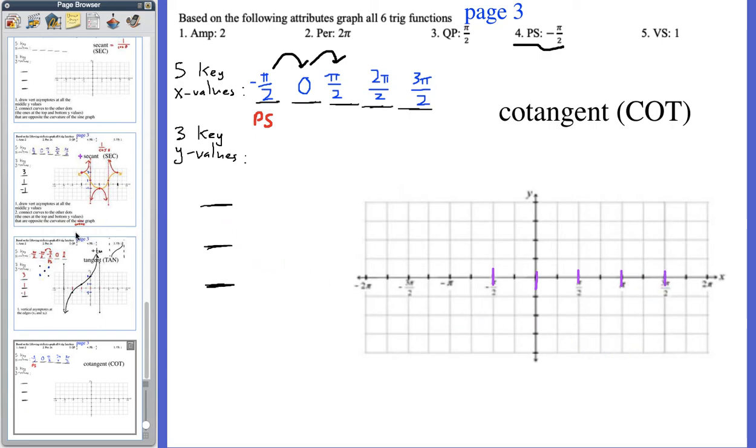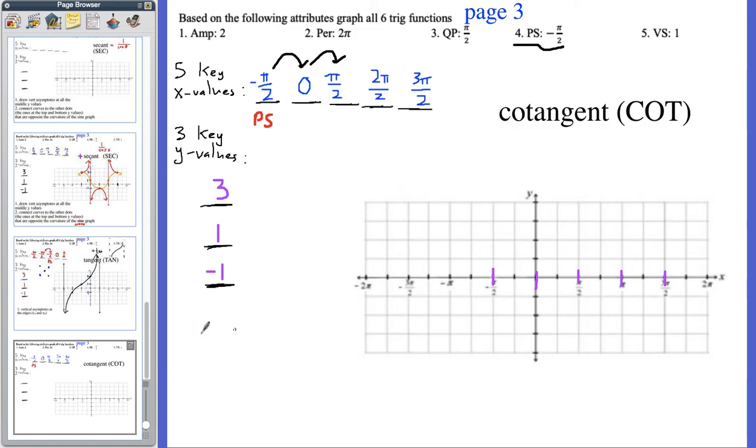And then just like with tangent, the y values start at the vertical shift of 1, up and down the amplitude. Even though technically tangent and cotangent don't have an amplitude per se, we still treat it like an amplitude in that those three y values are points that our line passes through.